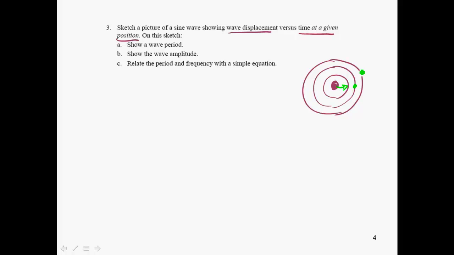So if you plot that up and down, up and down, up and down, you're going to get this graph. You're going to get then displacement, how far it's going to go up or down from the reference position.